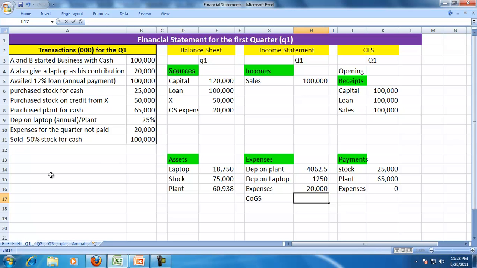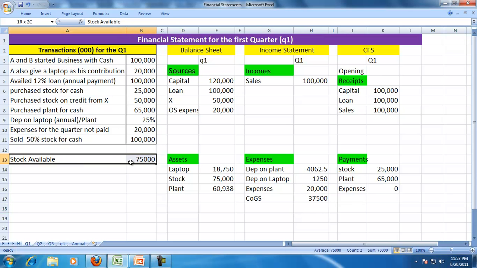So on this date we can say stock available was 75,000. Okay, so it's easy for me to calculate, that's why I've shown that. So 75,000 into 50%, okay, so 37,500.